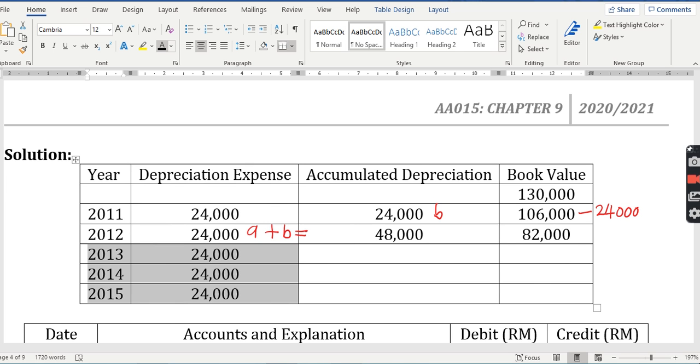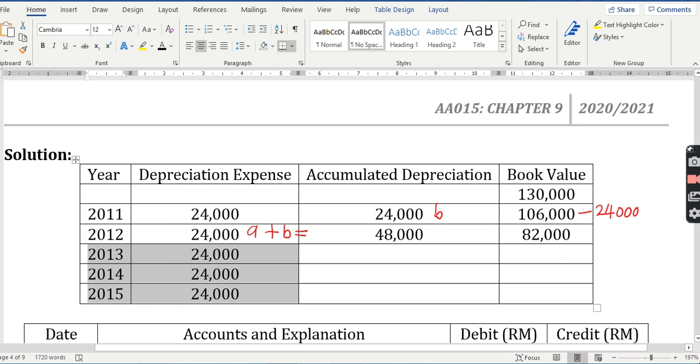What happens after that? Let's say you are still using the asset, there won't be any depreciation expense for that asset anymore. That leaves you the asset with the remaining value, the book value. That is also what we call the salvage value.